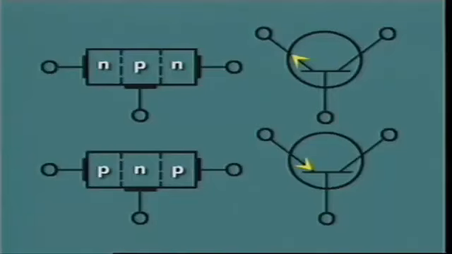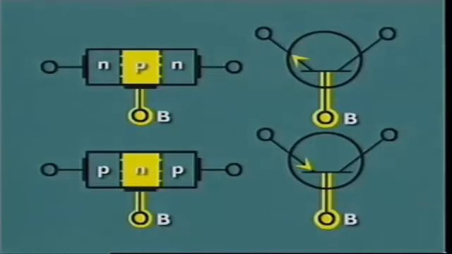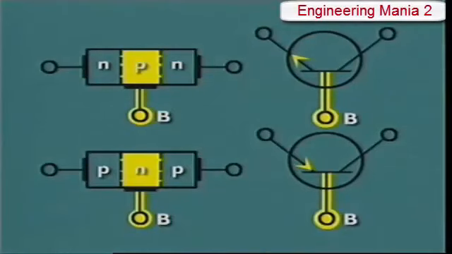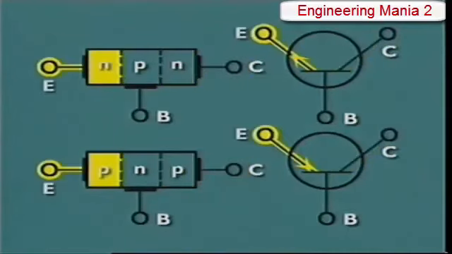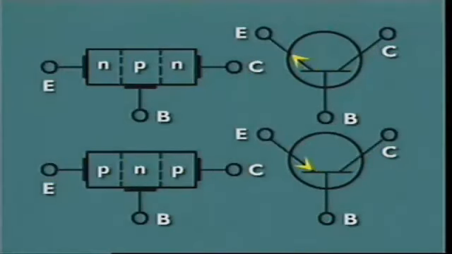A PNP transistor has an N-type between two P-types. Each of the three regions has a terminal. The center region is always called the base. The outer regions are the collector and the emitter. In the symbol, the emitter is the terminal with the arrow, always pointing to the negative material.